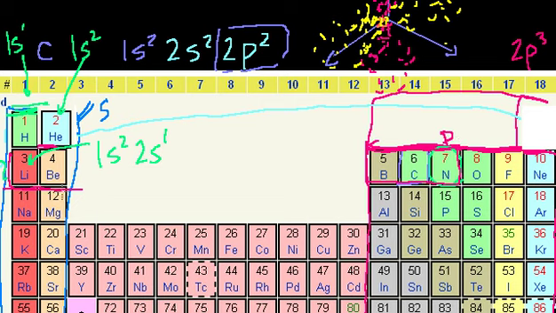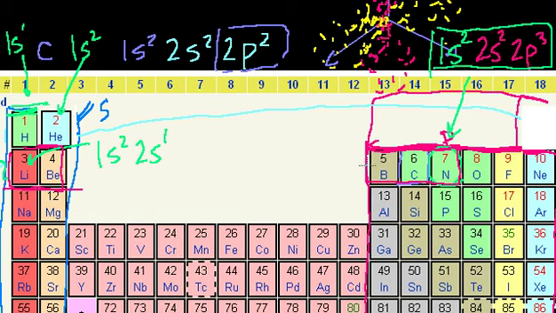Then it'll have these 2 that go into the 2s2 orbital. And then the first 2, the electrons in the lowest energy state, will be 1s2. So this is the electron configuration of nitrogen.